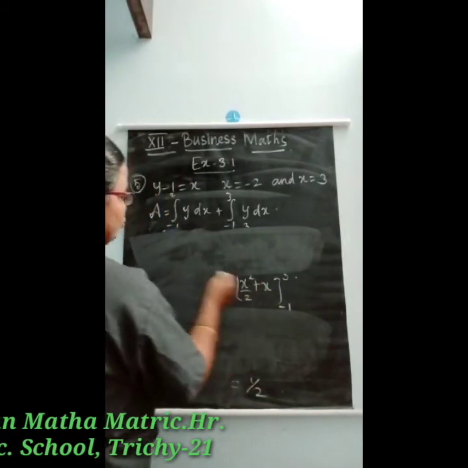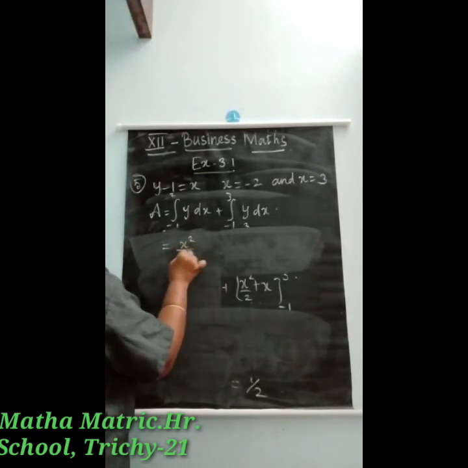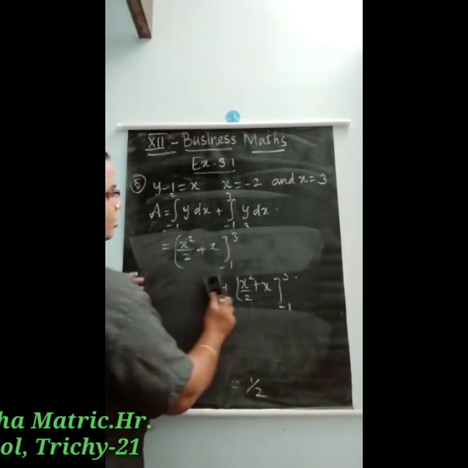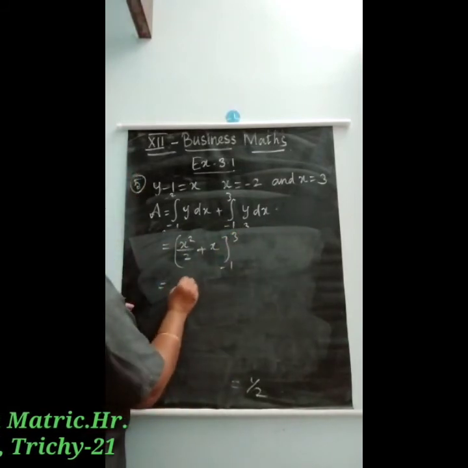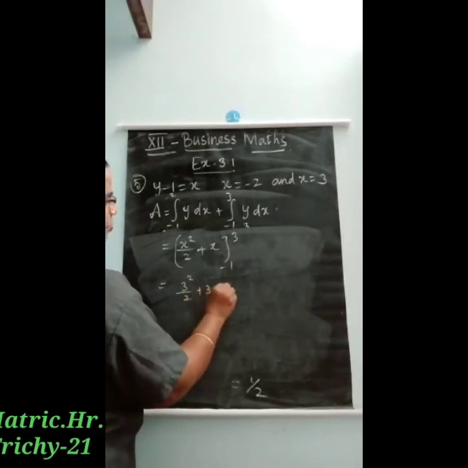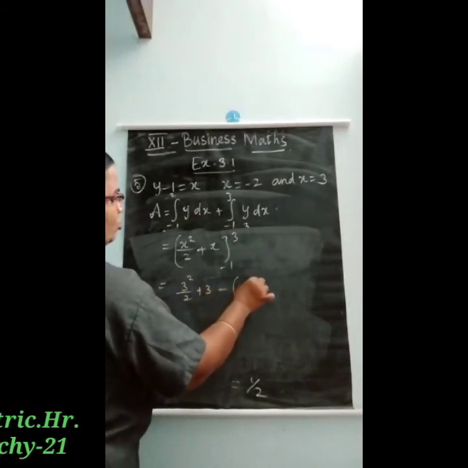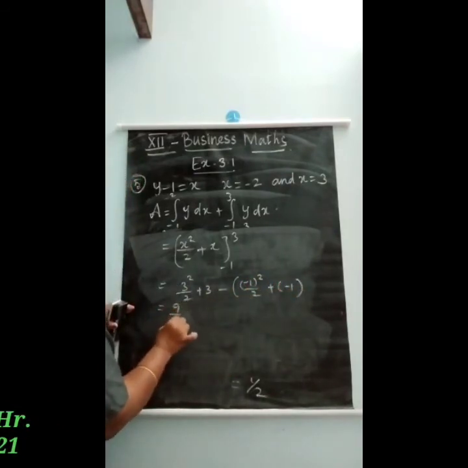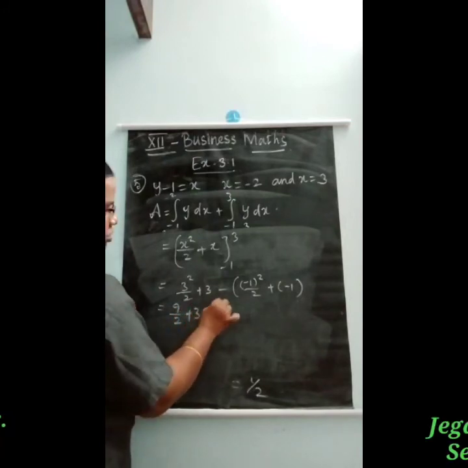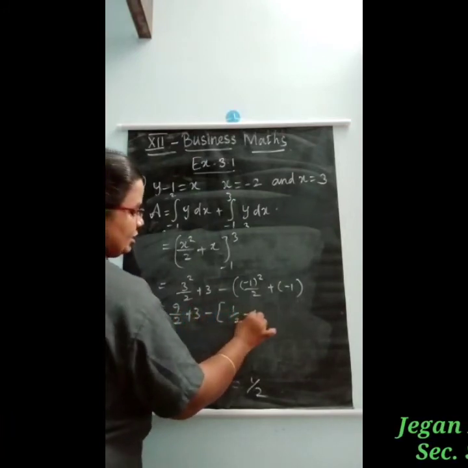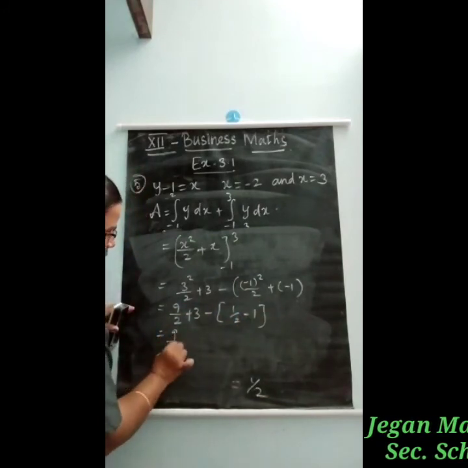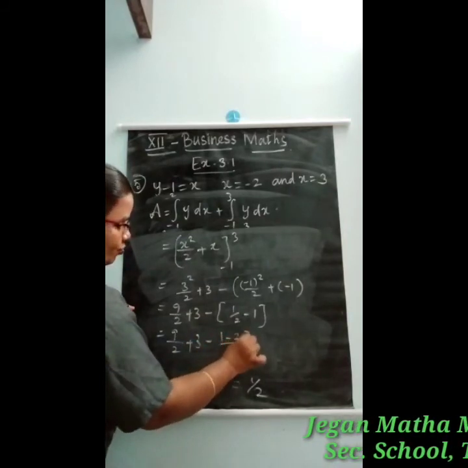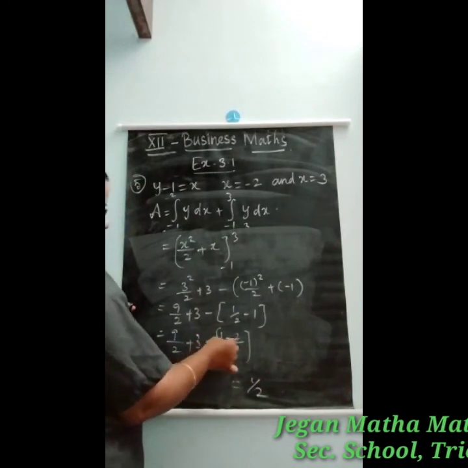So x squared by 2 plus x, with limits minus 1 to 3, and now you substitute this one: 3 squared by 2 plus 3 minus of minus 1 the whole square by 2 plus of minus 1. So that is equal to 9 by 2 plus 3, minus of 1 by 2 and minus 1, and that is equal to 9 by 2 plus 3, with 2 as the LCM, 1 minus 2, so minus of minus, plus 1 by 2.